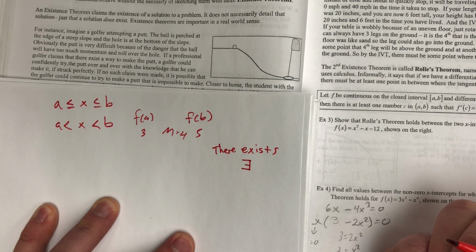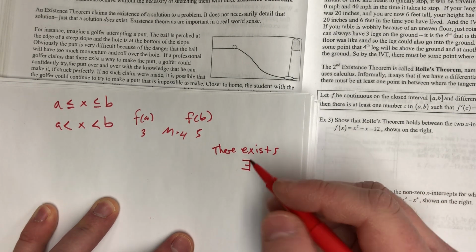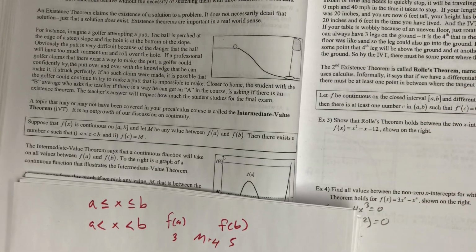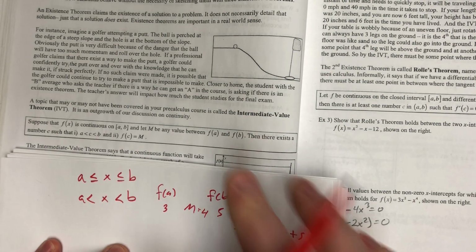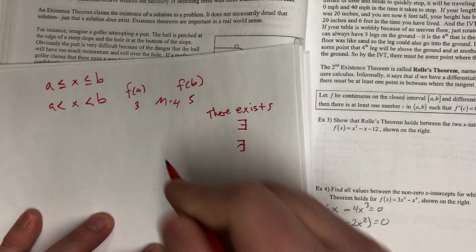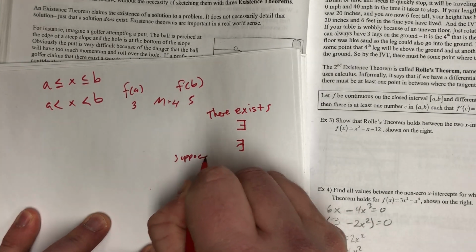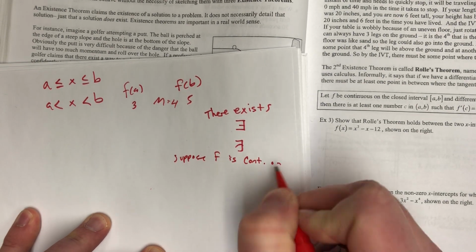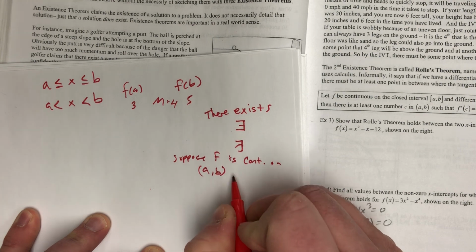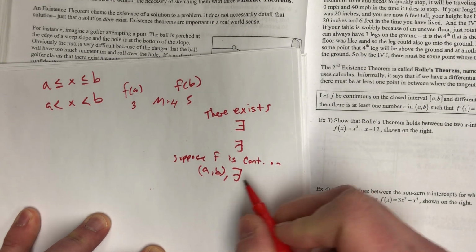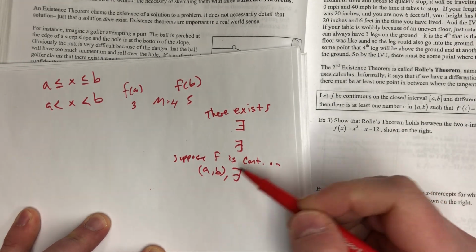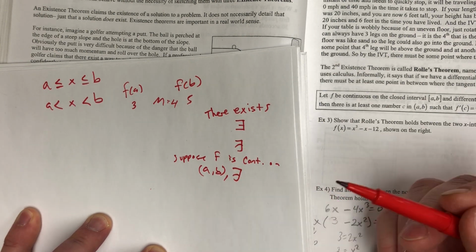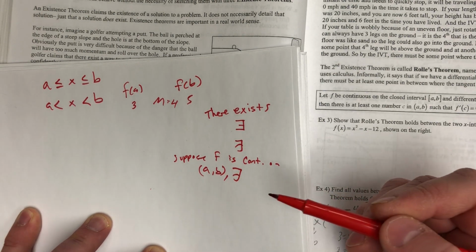It's a backwards E. If I'm trying to write notes quickly, I'd write, suppose f is continuous on a, b, then there exists, with a backwards E. I use this in notes all over the place.